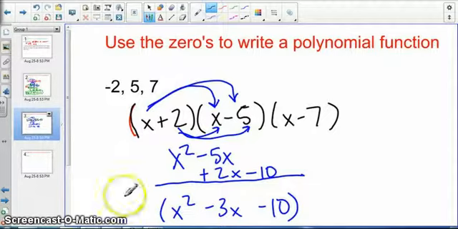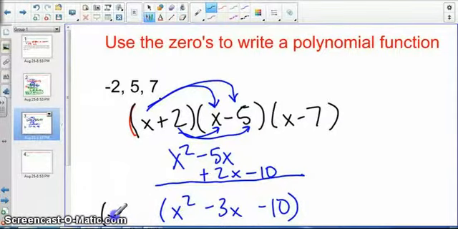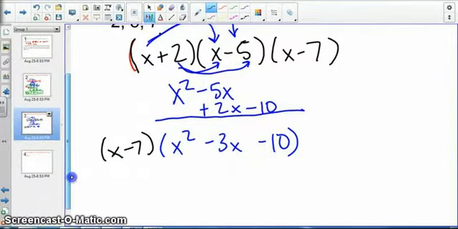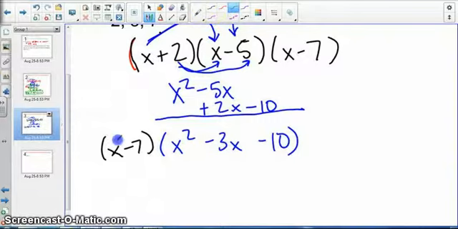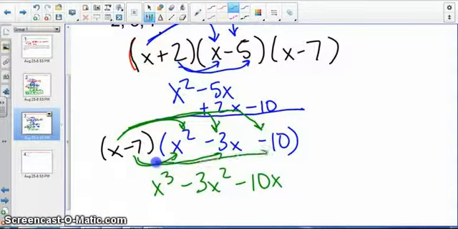Now I'm going to take that and multiply it by x minus 7, my last binomial there. I'm going to distribute the x to all three of my terms in the trinomial. So I'd have x to the third minus 3x squared minus 10x. Then I'm going to distribute the negative 7 to all three terms in the trinomial.